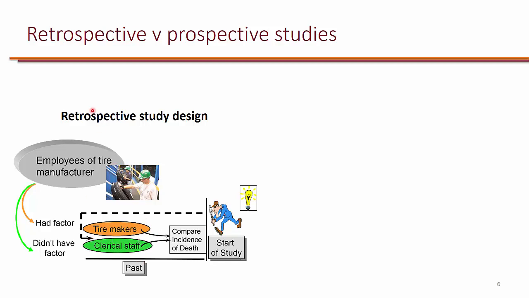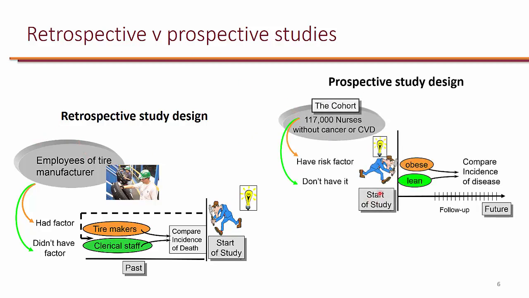This is common because it's easier to do, because all you need is access to an electronic medical record, and you can go through and collect data. Whereas with prospective studies, once you start the study, you follow patients over time, compare the two groups, and draw the conclusions in the future at the end of the study.